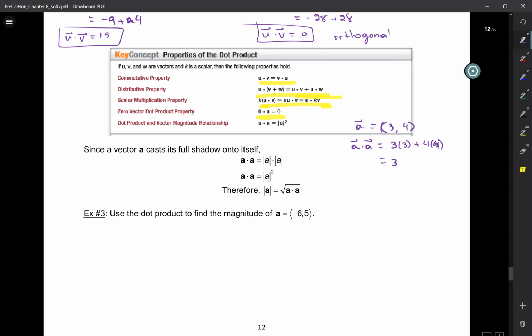What is that? 3 squared plus 4 squared. What is that the same as? It's the square of the magnitude. So A dot A is the length times itself, the magnitude squared. Therefore, the dot product can be used to find magnitude.